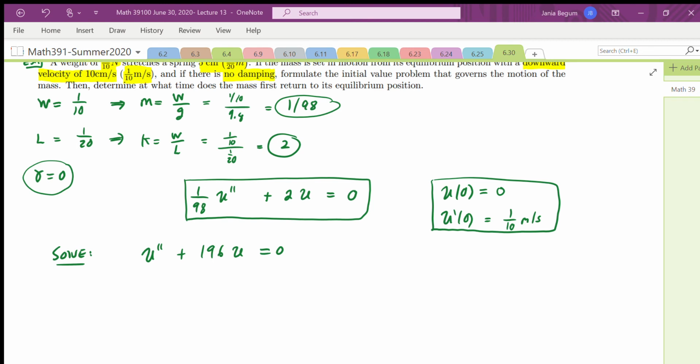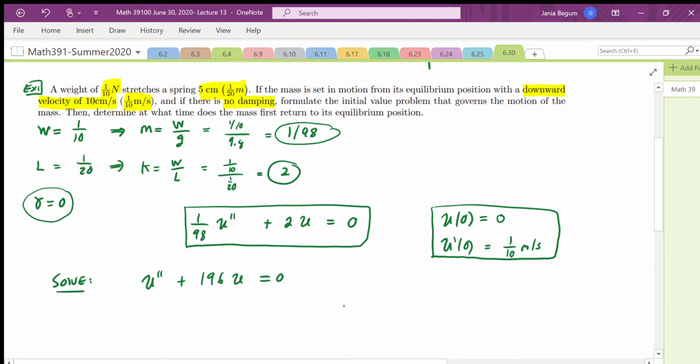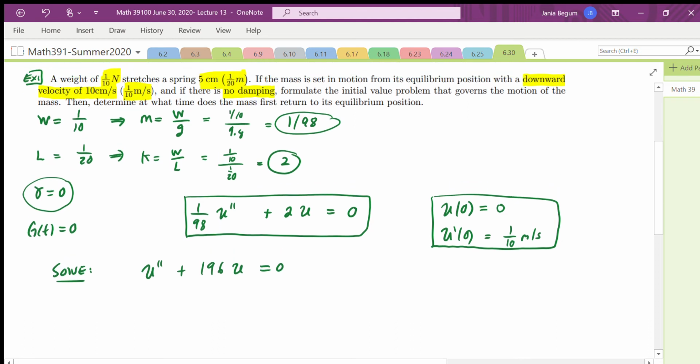g of t is 0 because the problem doesn't mention applying an external force to the system, so we're assuming there is no external force. Let's solve it. We write out the characteristic polynomial: r squared plus 196 equals 0. So r is equal to plus and minus 14i, a complex root.